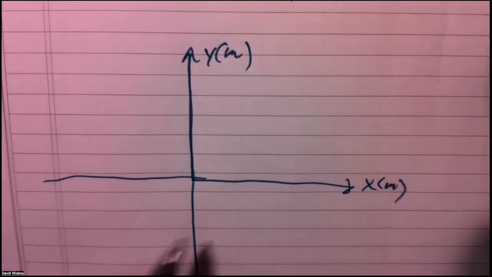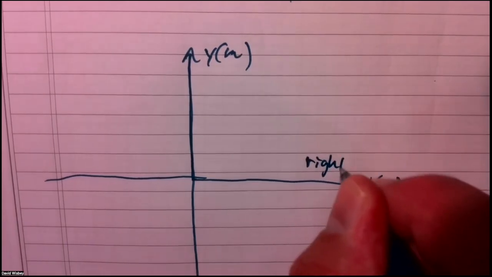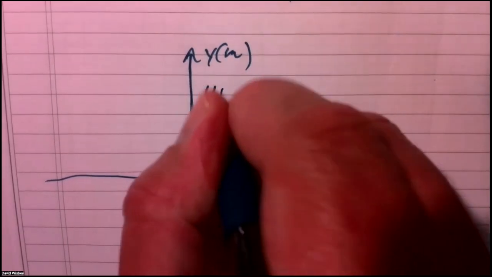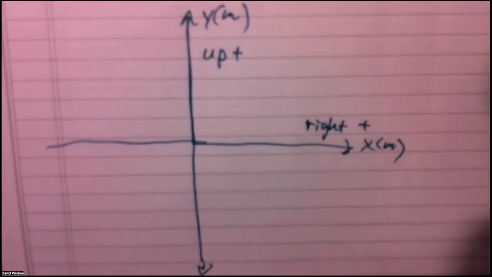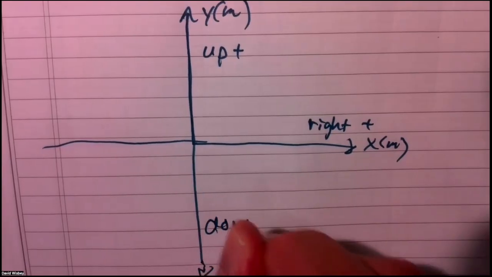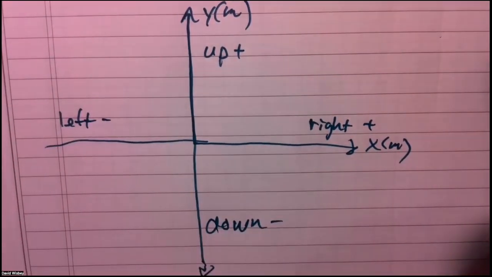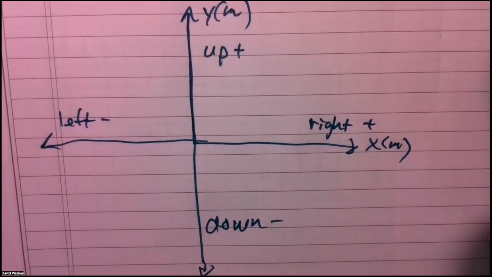We say that to the right is positive, and up is also positive. That's always true. And then down is negative and left is negative. This is the standard convention that we use, so from here on out, right is positive and left is negative.